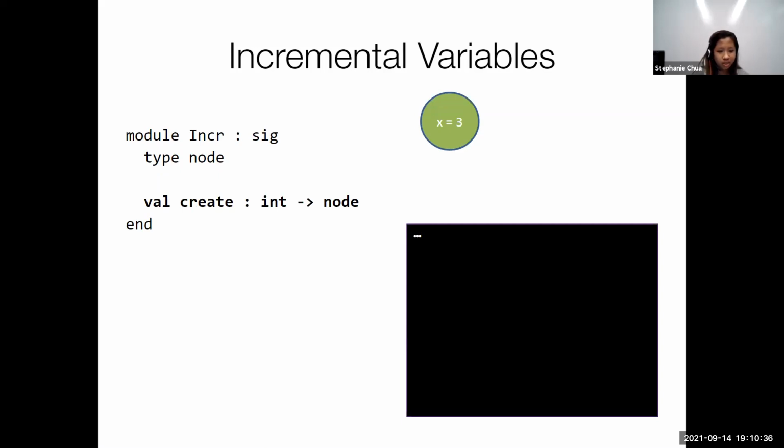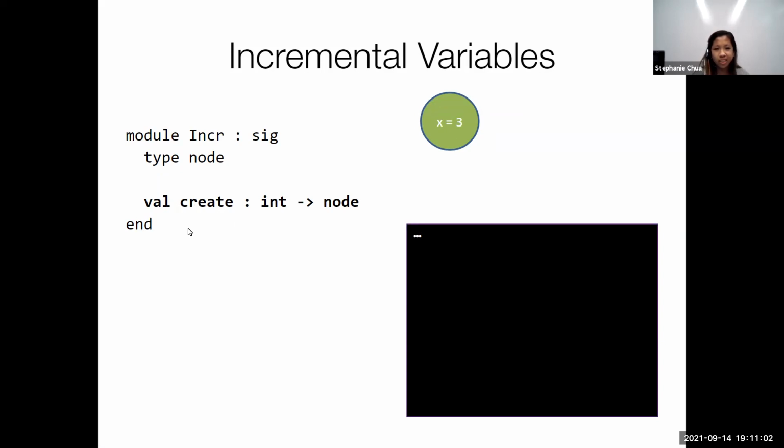And so since we want to create our nodes, I also expose different functions of the interface. Our first function is called create. Val is just declaring that there's a value.